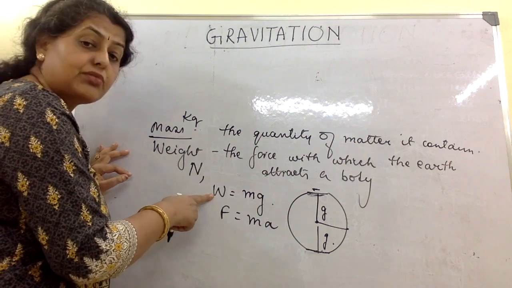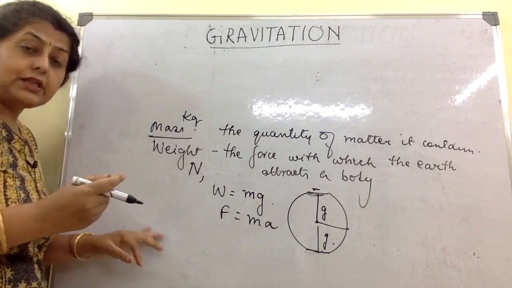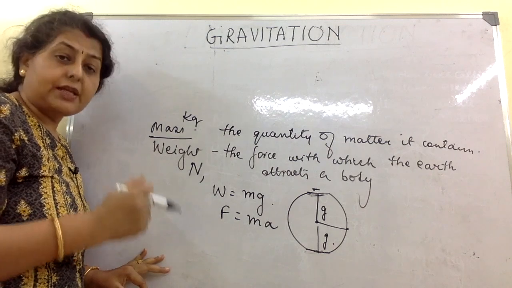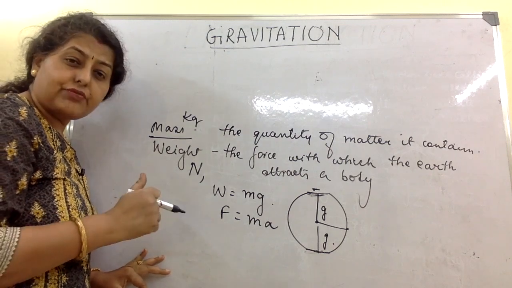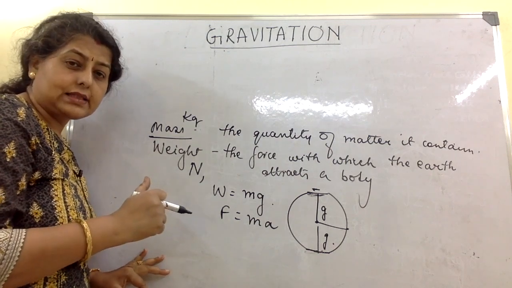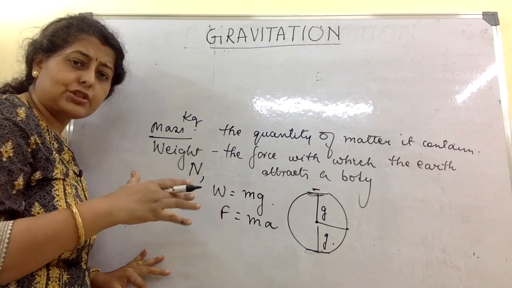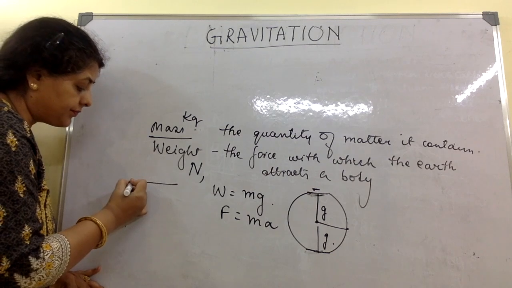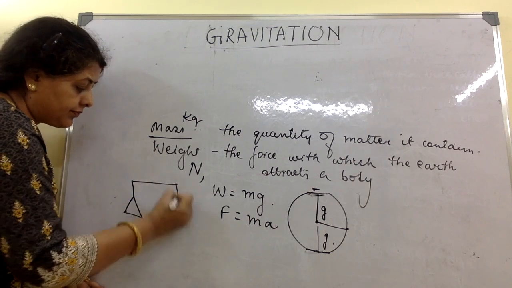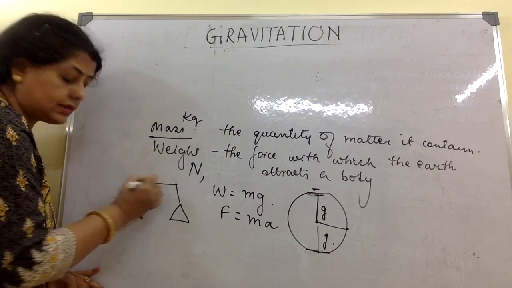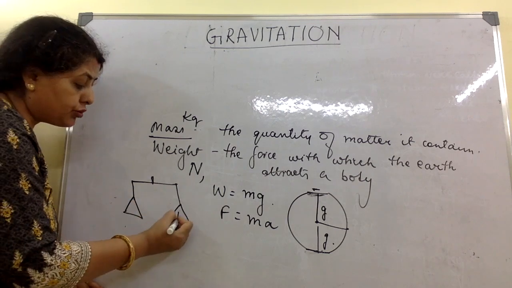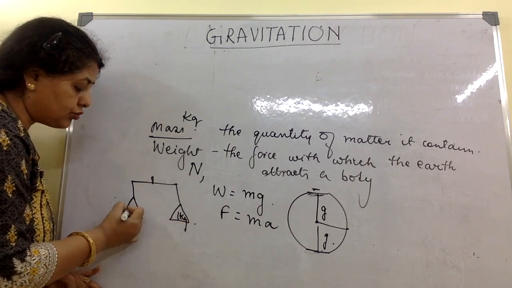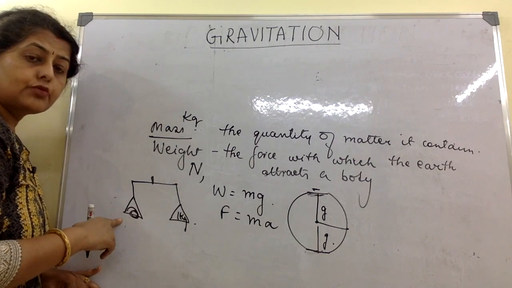Now what is weight measured with? We take weight with the help of a spring balance, and mass we take with the help of a beam balance. These days they don't use the beam balance much, but you might have seen this kind of something. This is a beam balance. If you put a 1 kg weight here and then you put whatever you want to buy, 1 kg.